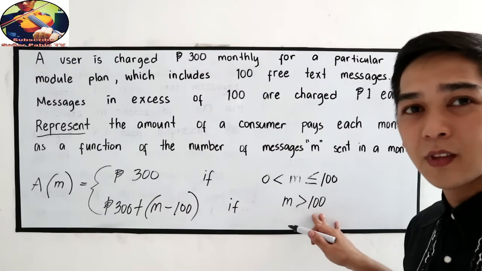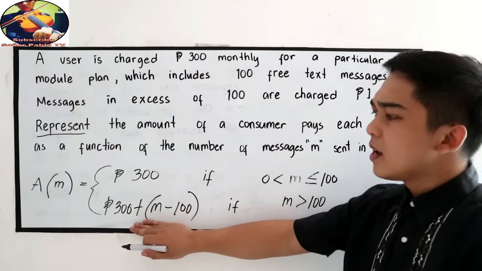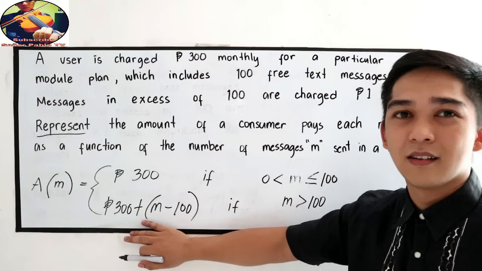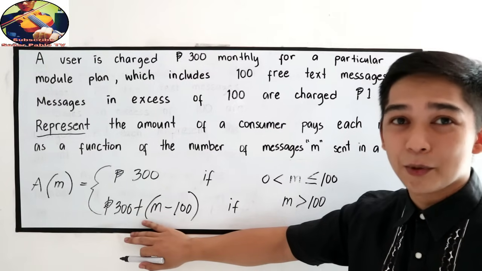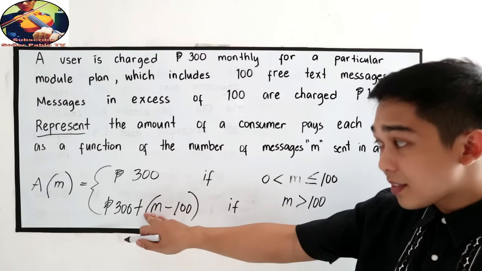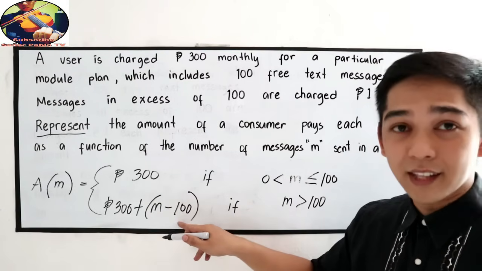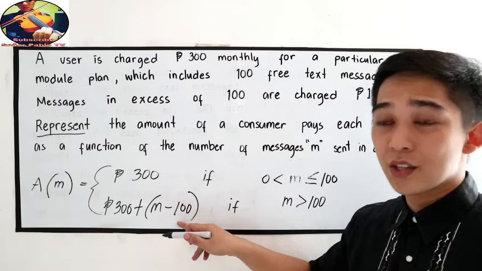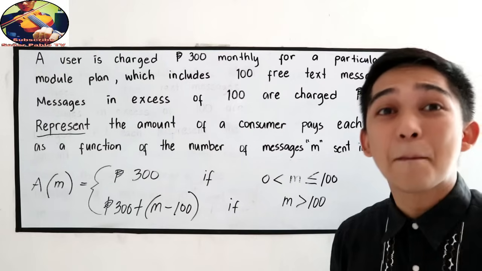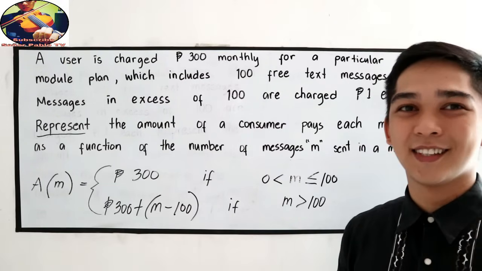Kuha yun? O, try natin i-compute. Let's say 110 ang na-text niya. Nag-exceed siya ng 10. Kaya kinuha natin ito, yung M minus 100. So, 110 minus 100, so 10 yun, plus 300. Yun ngayon yung magiging bill niya sa buwan na yun.